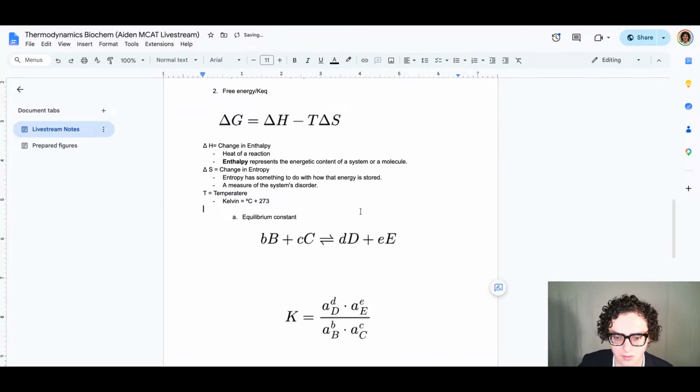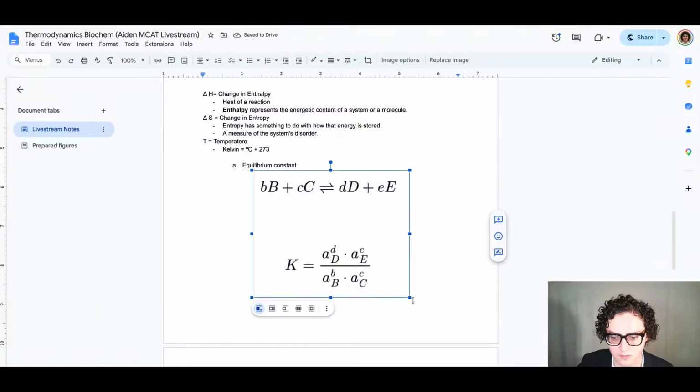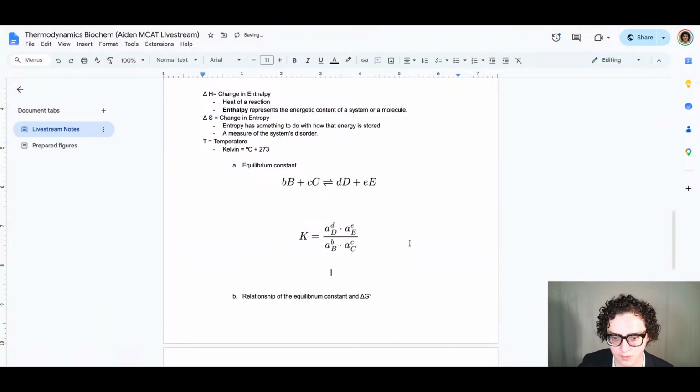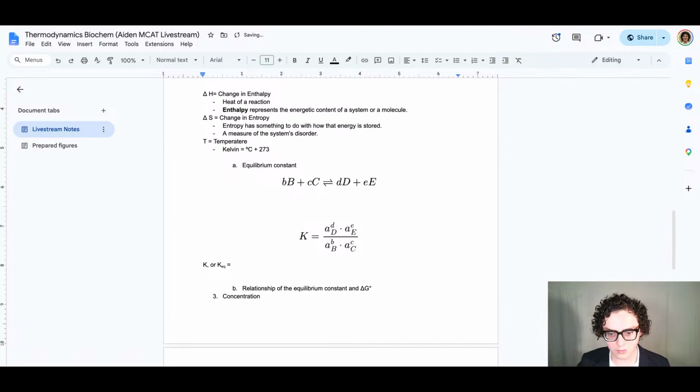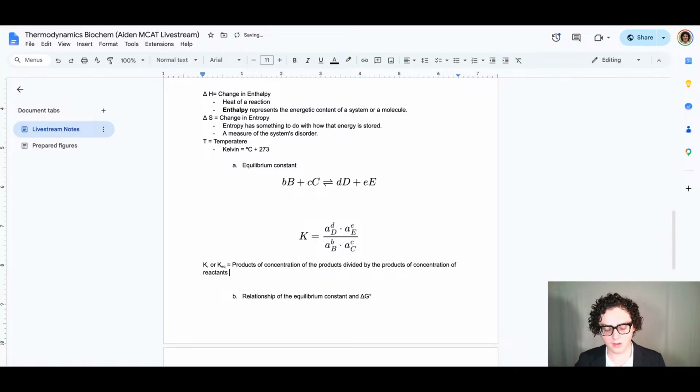This is a less accessible diagram, but it has the important part that explains K. So I'm writing now K, otherwise known as K equilibrium, equals the product of the concentrations of the products divided by the product of the concentrations of reactants, all raised to their stoichiometric coefficients. Okay, let's unpack that definition.